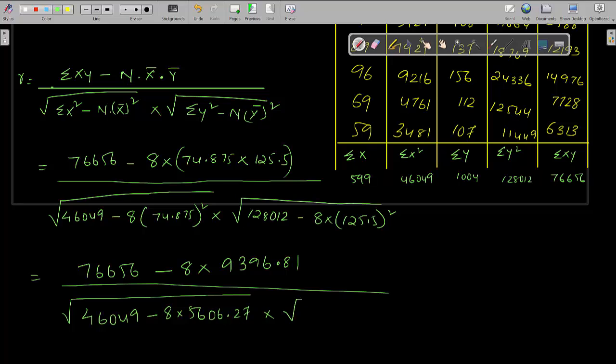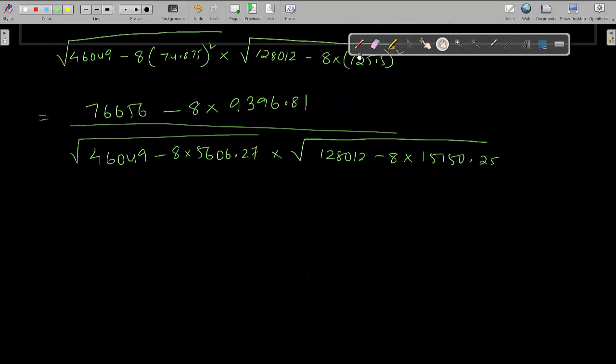Clear? Next, 128012 minus 8 into 125.5 square, you should get 15150.25. All right, now let's proceed again.